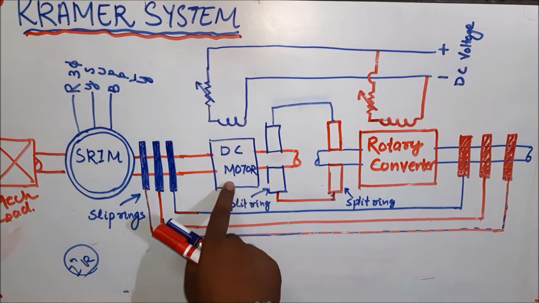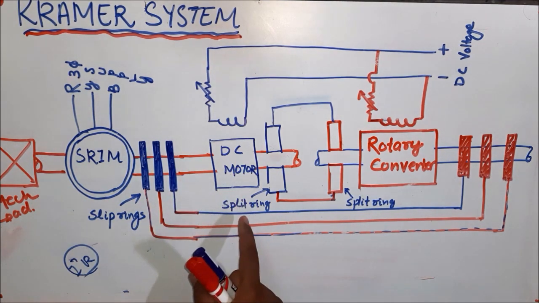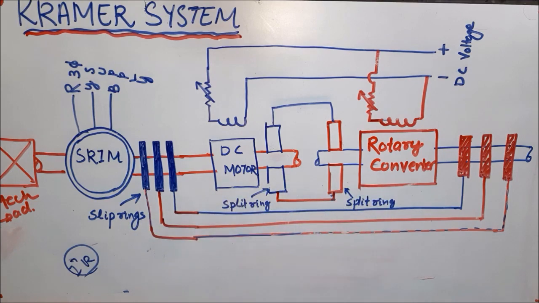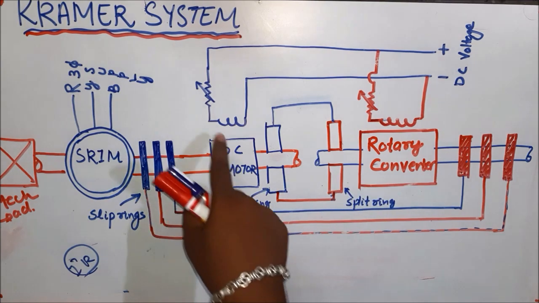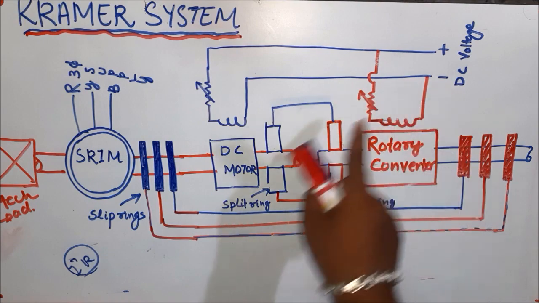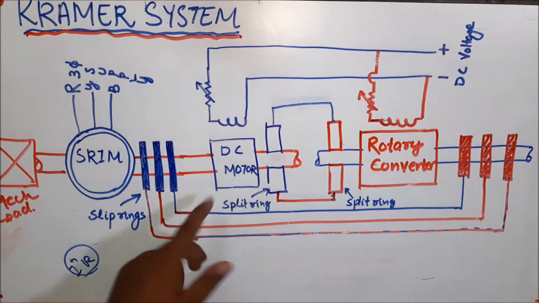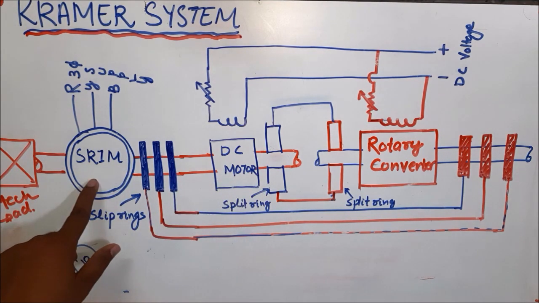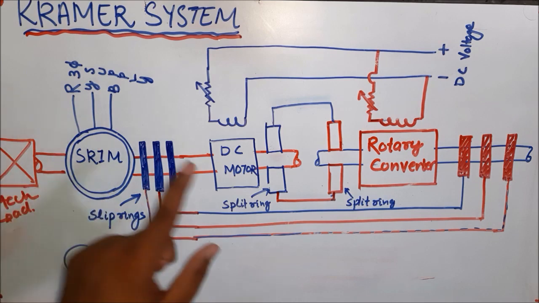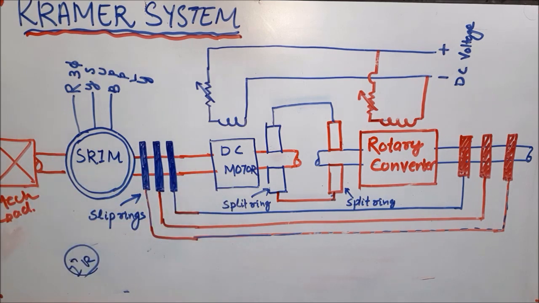The input of the DC motor is DC, and that is coming from the rotary converter, and the field excitation is coming from a DC supply voltage, and this DC motor is rotated again. That means this total shaft is rotated by the slip ring induction motor and also rotated by the DC motor. Clear?